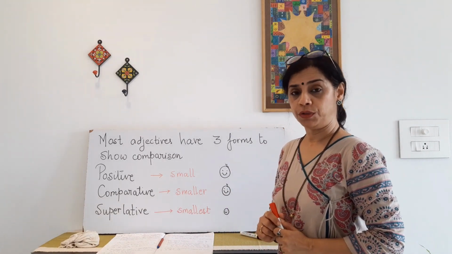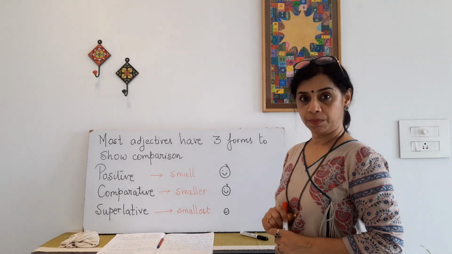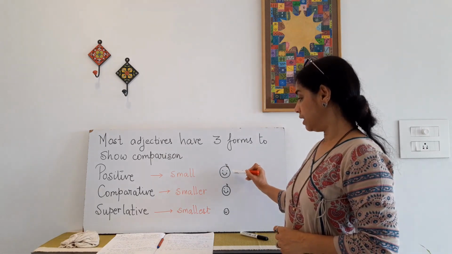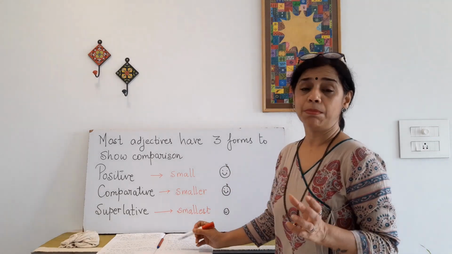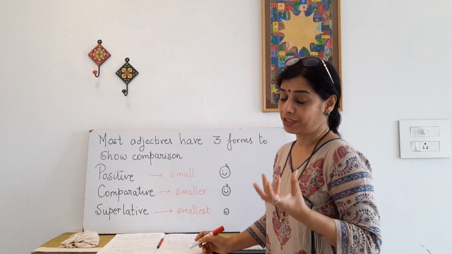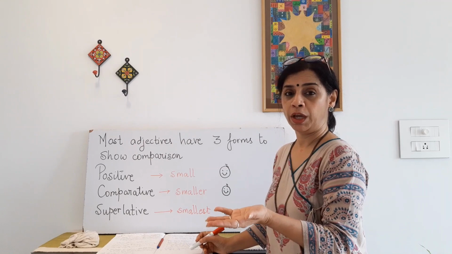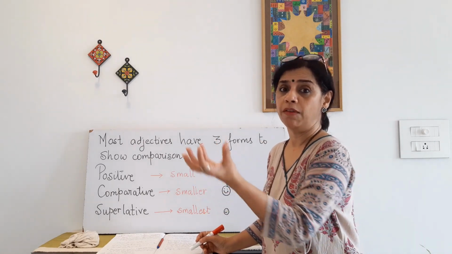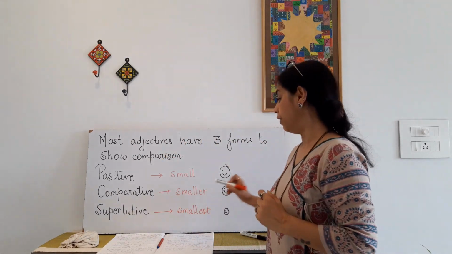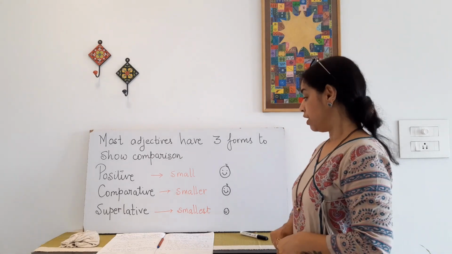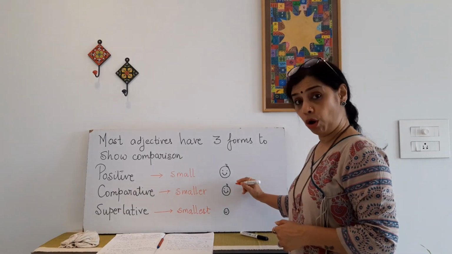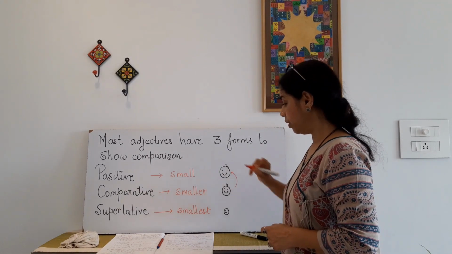For example, if you take small, this is a small emoji or a small face. It's the basic form. I have given the adjective a small face. Comparative, now I'm comparing: this face is smaller than the first one.